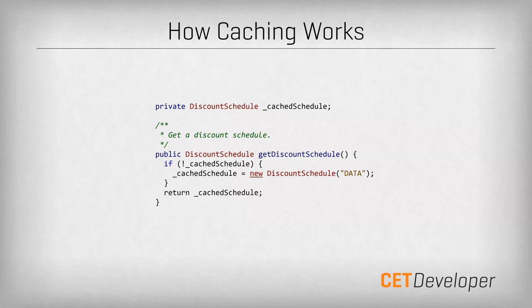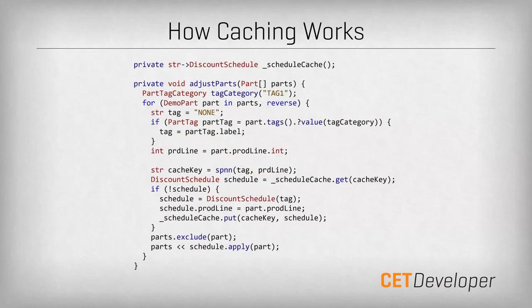It gets a little bit more complicated when you're talking about caching multiple values. So right here we have an example of some code that adjusts parts based on a discount schedule. Those discount schedules are, for whatever reason, difficult to construct or difficult to load. So we want to have a caching system for them. What we have here is a system that will generate a caching key.